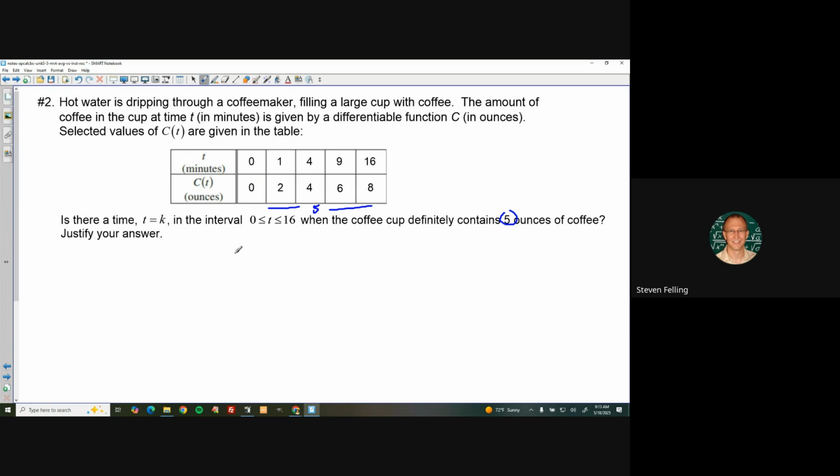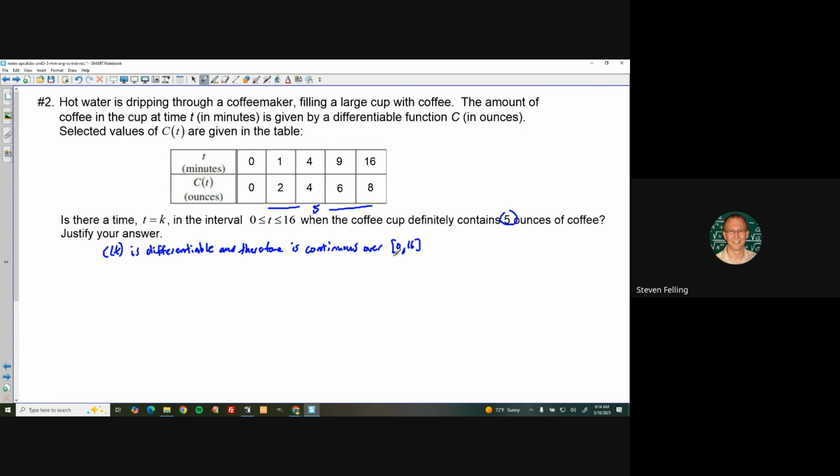Now, in order to invoke this theorem, though, we have to show that the conditions for the intermediate value theorem are met. So when you're invoking a theorem, you want to first say something like this: C of t is differentiable. That was stated in the problem. But we're going to say, and therefore is continuous, because for a function to be differentiable, it has to also be continuous over the closed interval from 0 to 16.